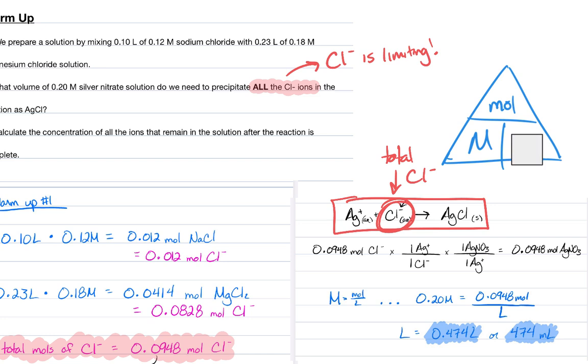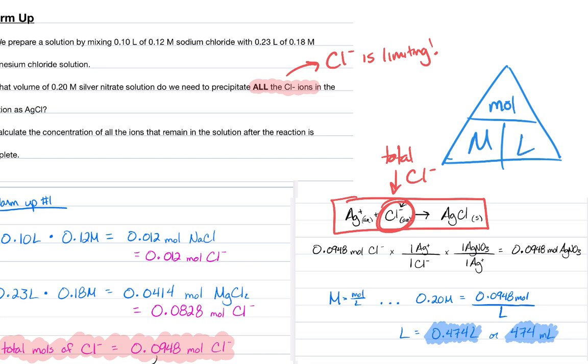That shows me that in order to solve for liters, I need to do moles over molarity, right? If it's easier to do this than rearrange your equation down here, please do that. I did see a lot of people solve this the wrong way. We're solving for liters, so we're going to cover that up. Moles of AgNO3 over molarity of AgNO3 gives us 0.474 liters or 474 milliliters.